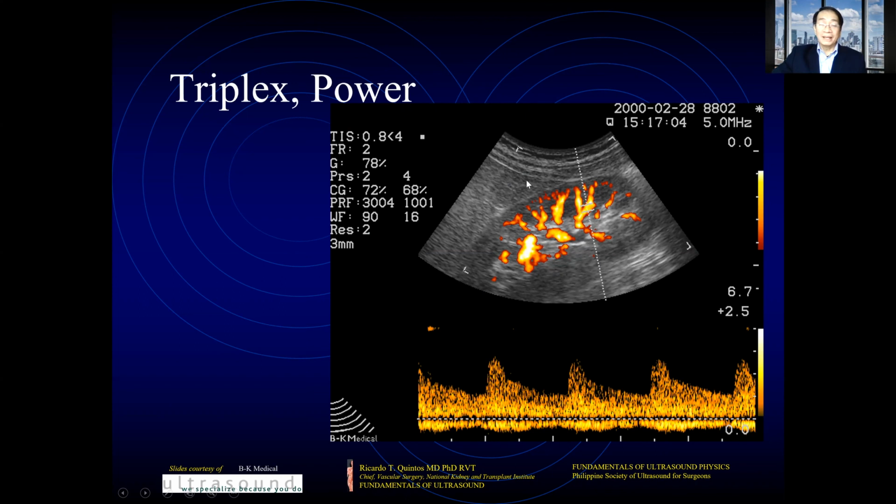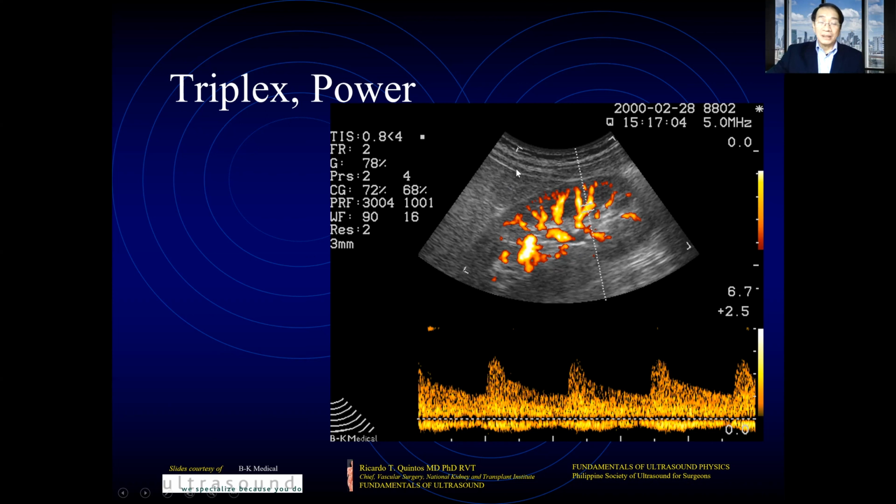Now be wary when your ultrasound company will try to sell you a machine that they claim has triplex mode, and will show you this image. Some machines are not really duplex or triplex modes, but they will have this kind of image. Why?